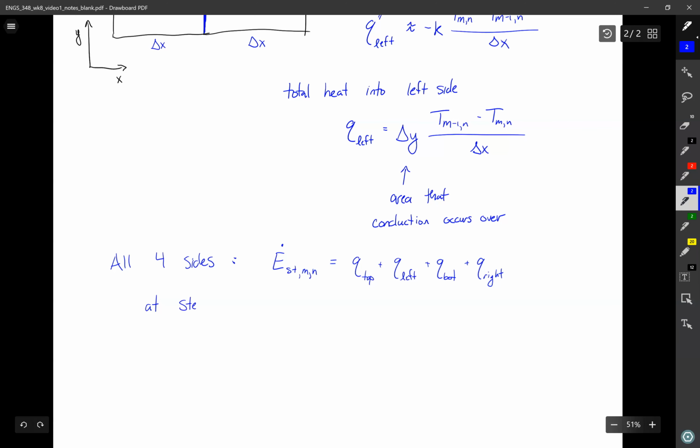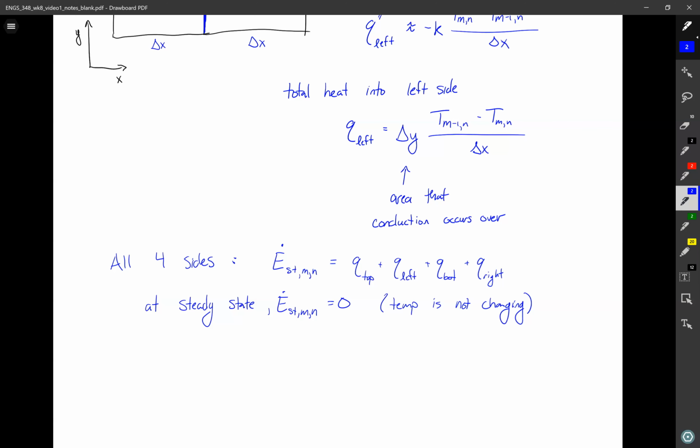At steady state, the change in stored energy in our box is 0. The temperature is not changing. That's how our object is going to be storing energy. It would be a temperature change.